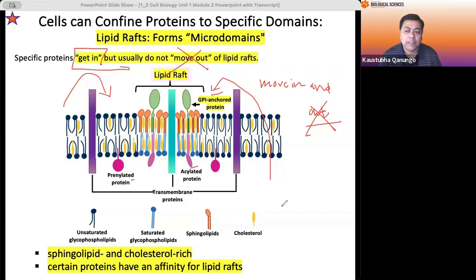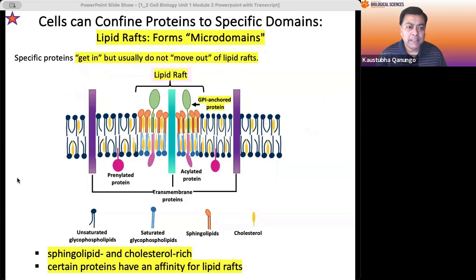So if we say, for an example, GPI anchored protein, acylated protein, prenylated protein have a high affinity for lipid raft, that's a correct statement. Saturated glycophospholipid, sphingolipid, cholesterol rich, these have high affinity for the lipid rafts. That is true. And if I say, for an example, that these GPI anchored proteins or some of these proteins move in and move out of the lipid rafts seamlessly, as soon as you see the words move out, that is a red flag, because they do not move out. That will be your wrong choice. This is also another question that is missed by a lot of people. So definitely underline it many times. Very important question. All right.